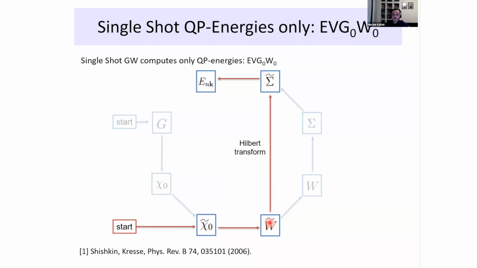And afterwards, a convolution with the non-interacting Green's function is performed to obtain the self-energy. Now, due to the form of G in the first step, which is the non-interacting Green's function, this is essentially a Hilbert transform. And afterwards, you solve the generalized eigenvalue equation to obtain the quasi-particle energies. So this is just one shot, okay?